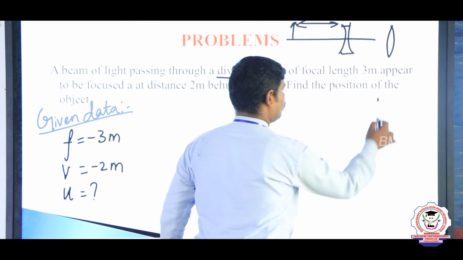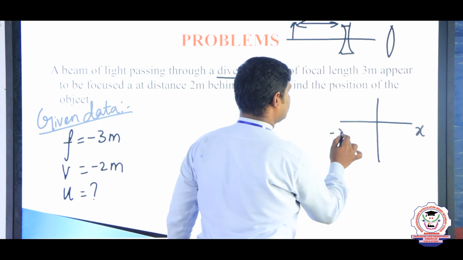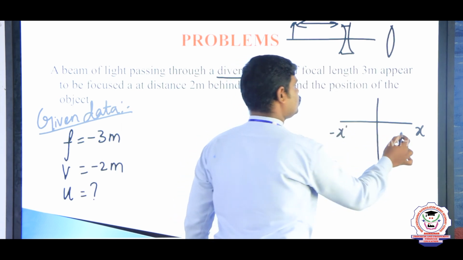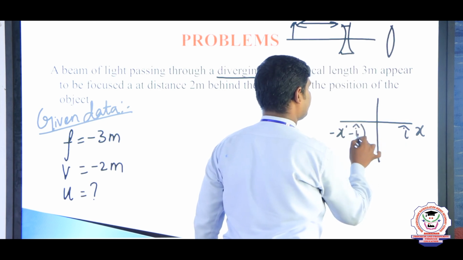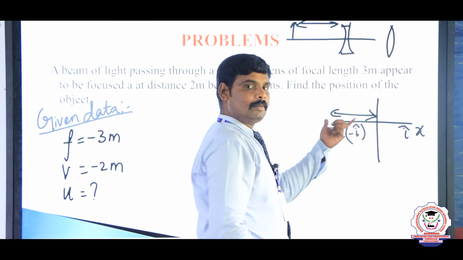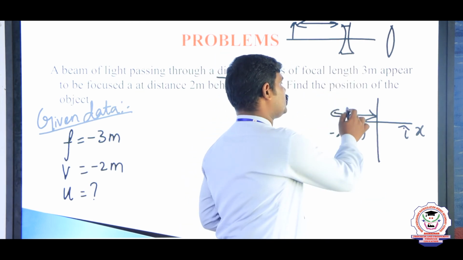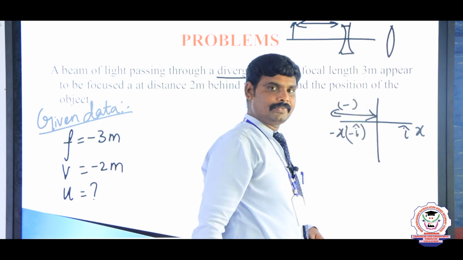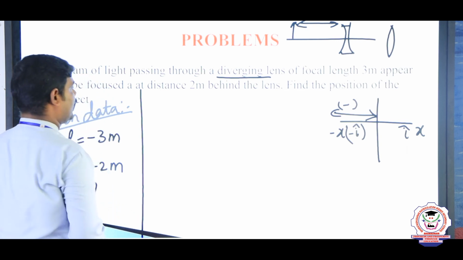Why? Because this is the x axis and this is the minus x axis or x dash. In vector form this is i cap and minus i cap, right. We always place the object on the left of this lens, that is why we should take negative values, right.